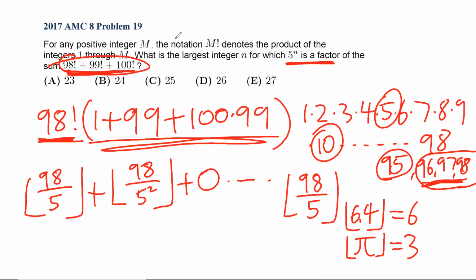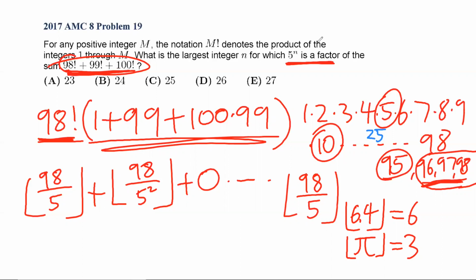And you might think that the number of 5s is just 98 divided by 5 floored. But then you're missing the multiples of 25. For example, when we hit 25 somewhere in here, 25 is actually 5 squared, so it counts for 2 5s.